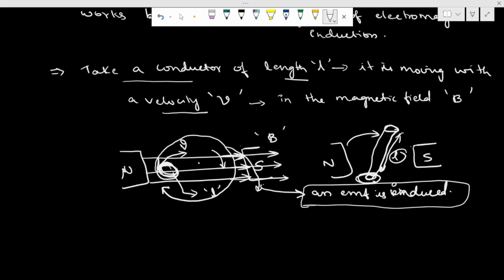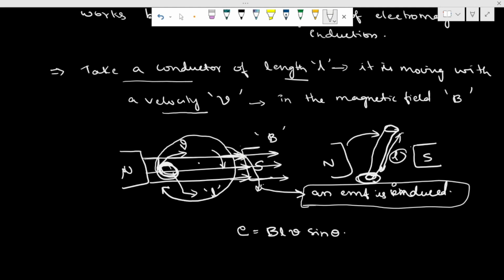The magnitude of this dynamically induced EMF is E equals BLV sin theta. Here the conductor is rotating and the magnetic field is stationary.